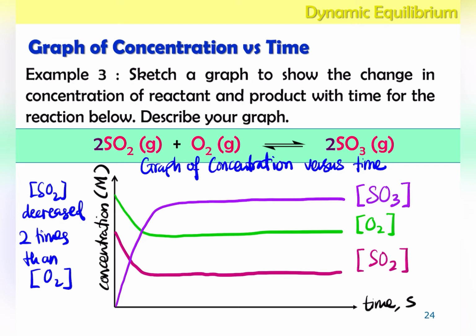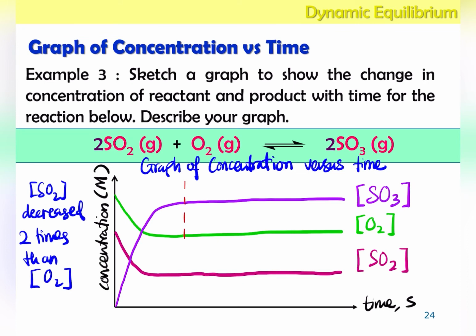And from here, you know that when you do the sketching for the reactants, it means that the rate of forward reaction keeps decreasing. And then when you do the sketching for the product SO3, the rate of reverse reaction increases. So that's how you want to describe by using example 3. And after that, you see here the concentration of all species is in a horizontal line at certain point, di mana we know that kita mula daripada sini, so you have to label this certain time.